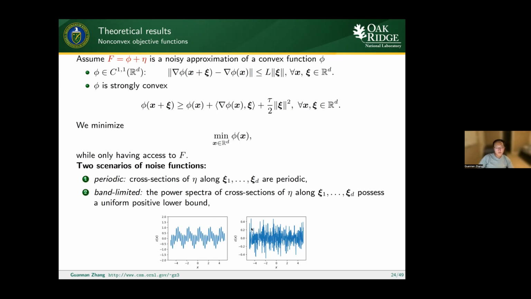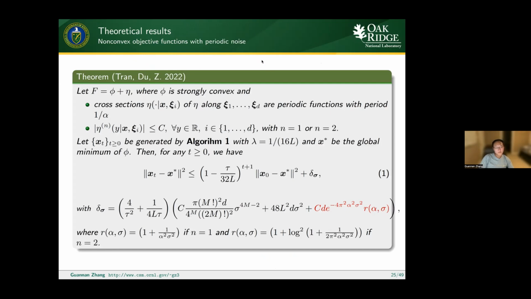So now we first talk about the periodic case, when the noise or perturbation is a periodic function. We can see if we use gradient descent, this is the error bound, where X star is the global minimizer.